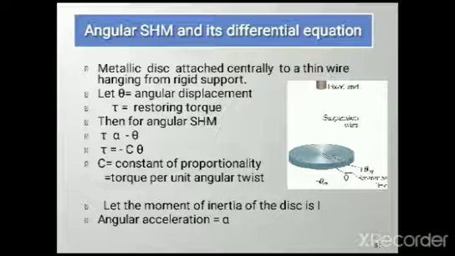Let us rotate the disc through an angle theta so that it will oscillate in clockwise and anticlockwise directions. Let theta be the angular displacement, and τ the restoring torque. Remember students, as it is a rotating motion, it is always governed by a torque.